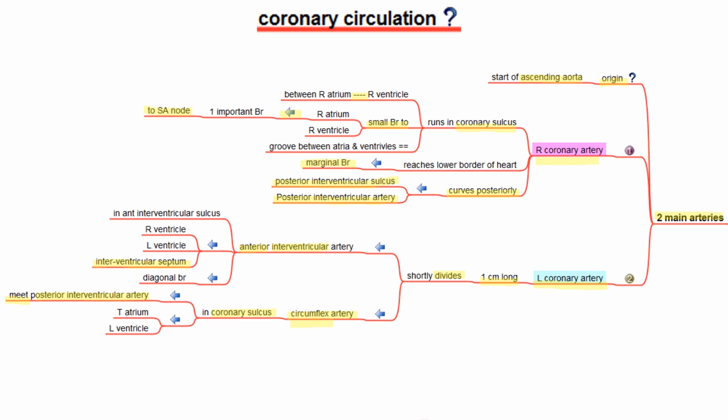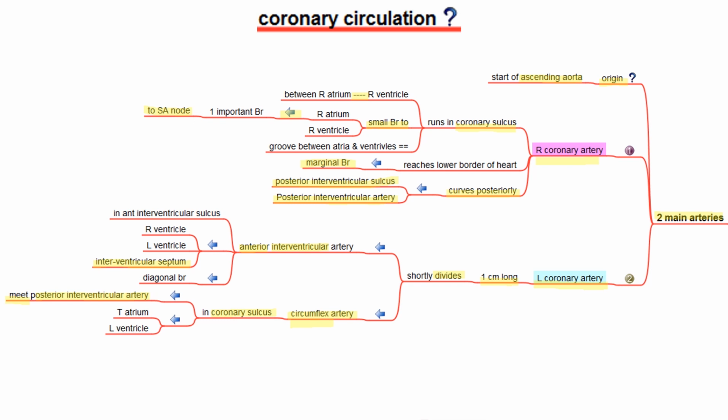Now, this anterior interventricular artery is going to supply the structures right and left. So it is going to supply the left ventricle, the right ventricle, and deep into the interventricular septum.